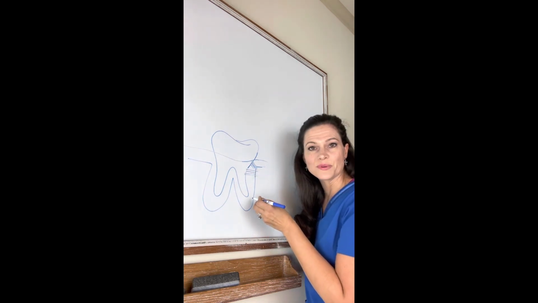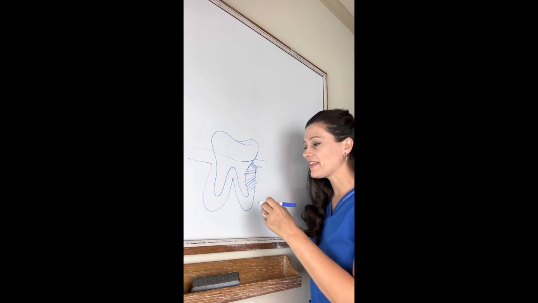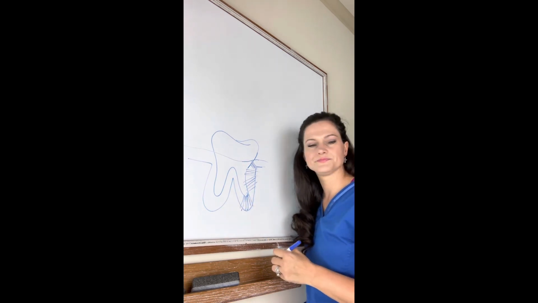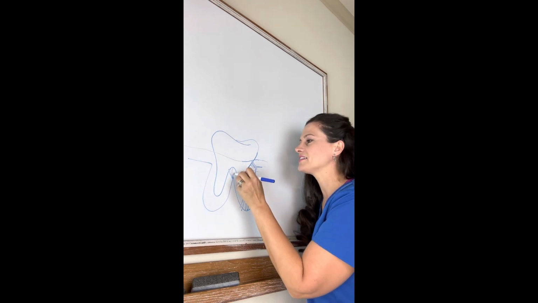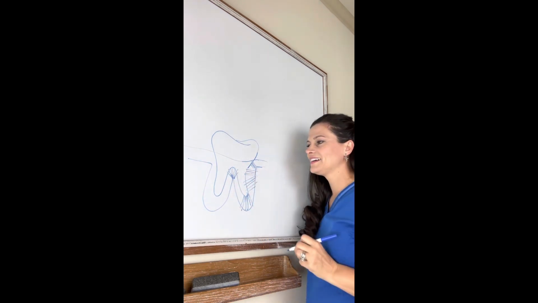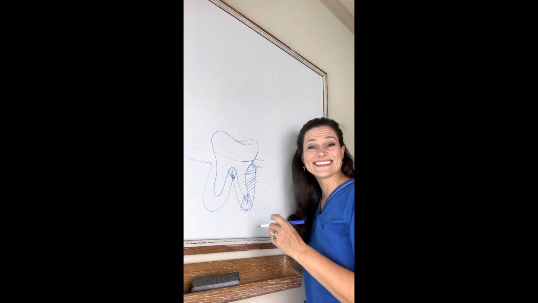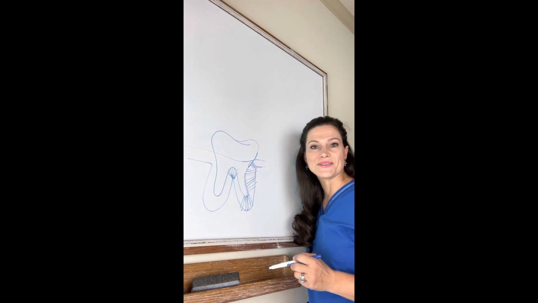Then we have the oblique group. Then we have the apical group. Okay, then we have the intraradicular group going right in the furcation area. Okay, and these are attaching into the cementum of the tooth.